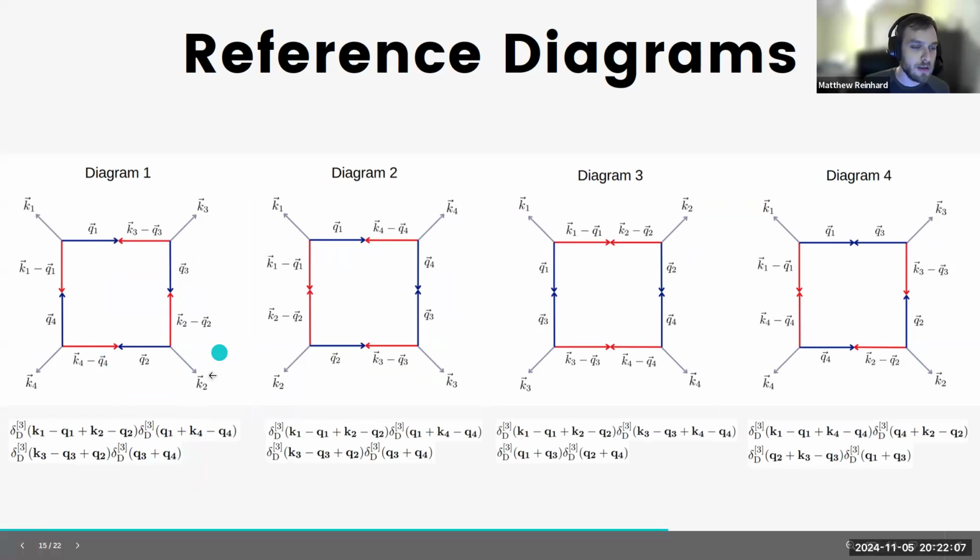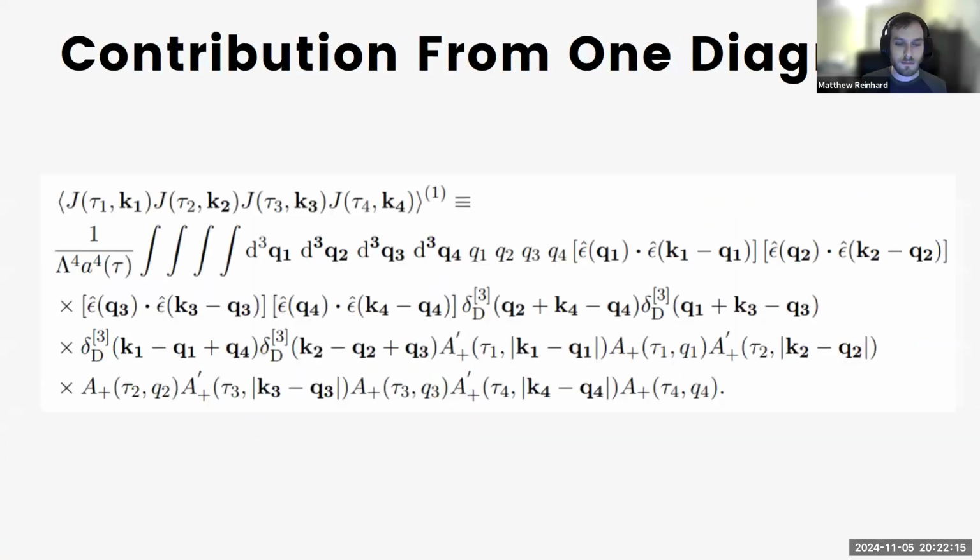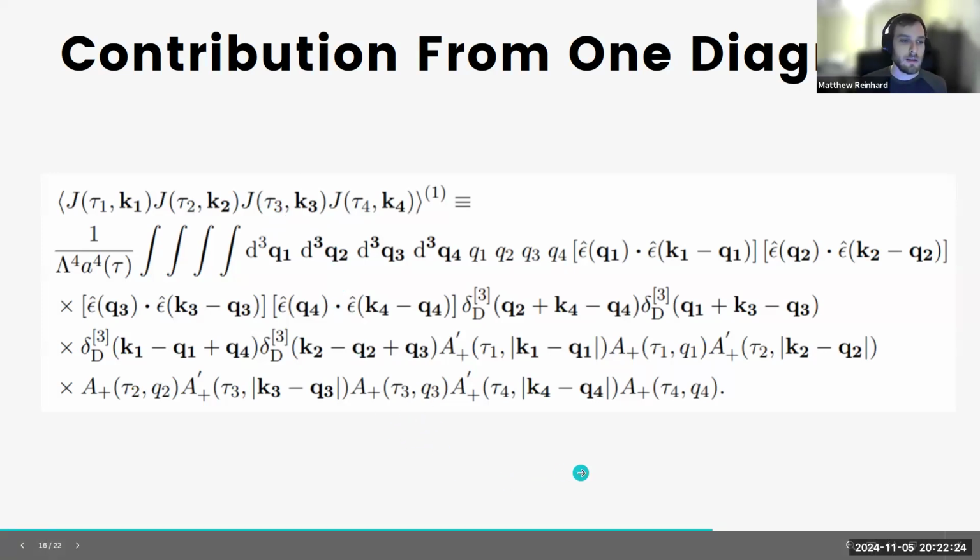So let's focus in right now on just computing the contribution to the trispectrum of reference diagram 1. So computing this correlation function of these 4 source terms for this diagram, we get this fairly complicated set of integrals here.